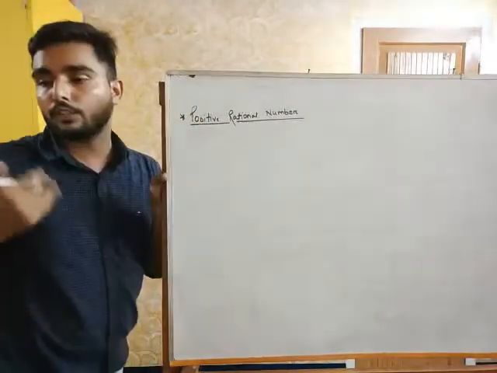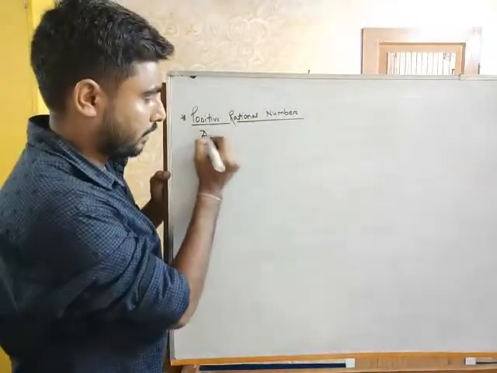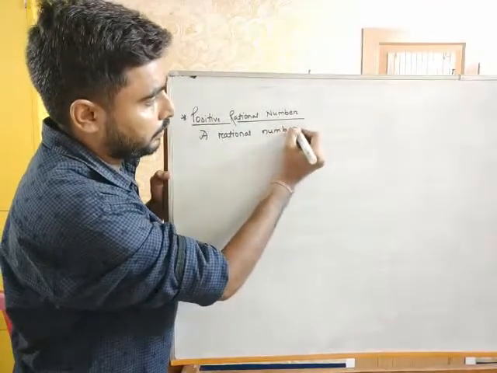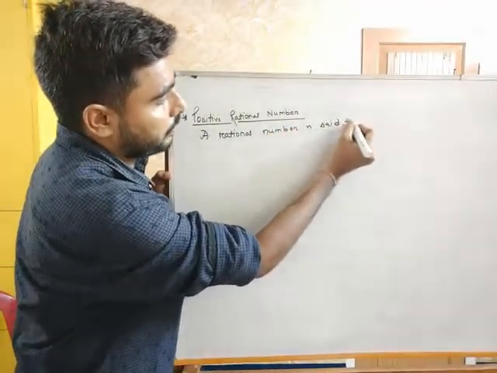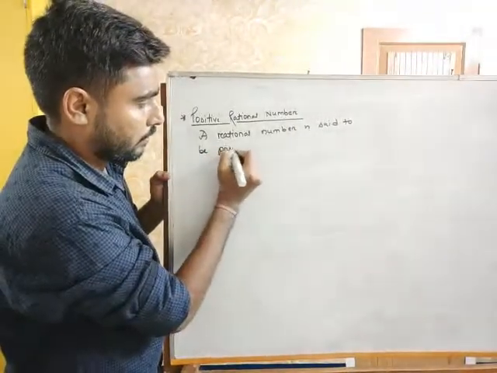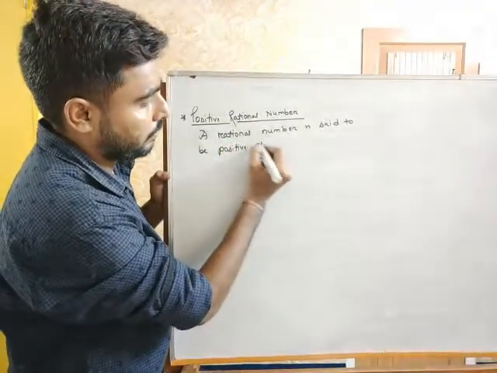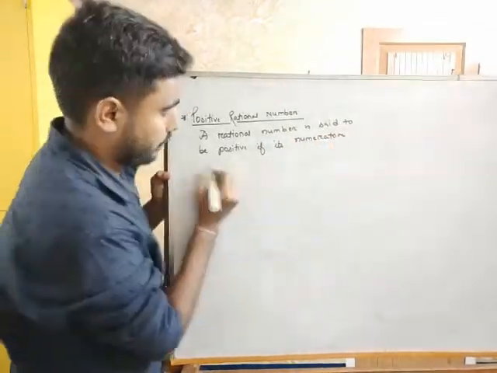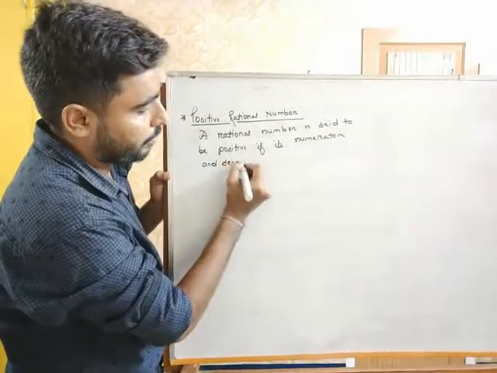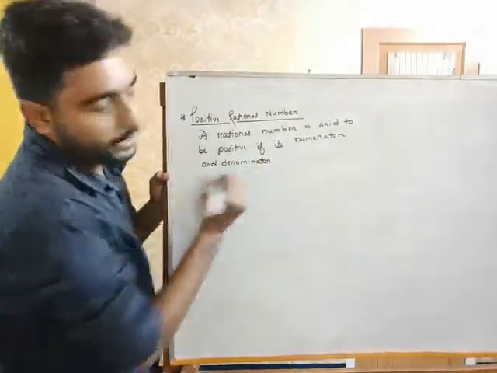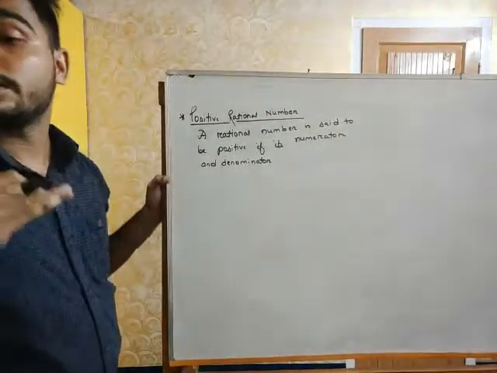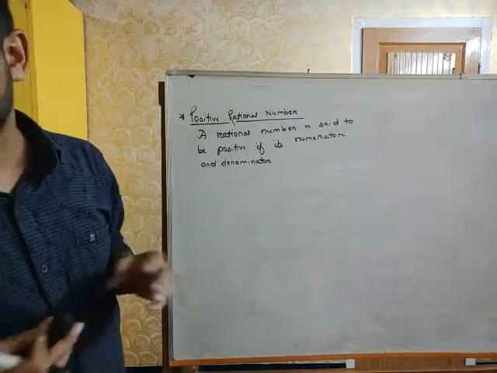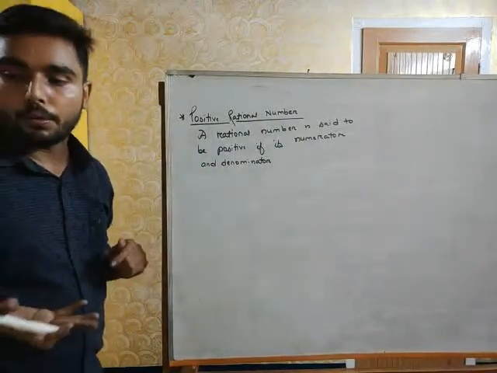A rational number is said to be positive if its numerator and denominator are of the same sign, that means if both are positive or both are negative. If both are negative, minus minus will be cancelled and it becomes a positive rational number.